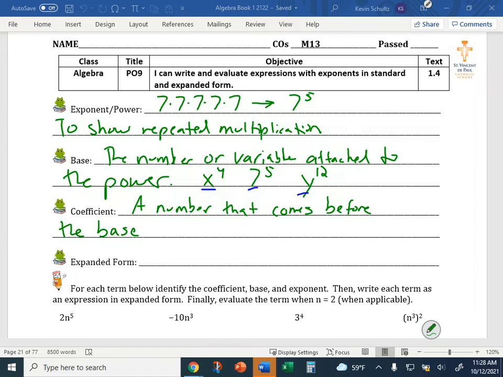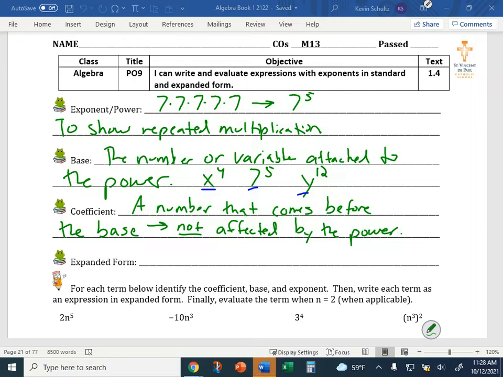Okay, it's a number that comes before the base, and here's the kicker with coefficients. They are not affected by the power. Okay, they are not affected by the power. We'll come back to that shortly.